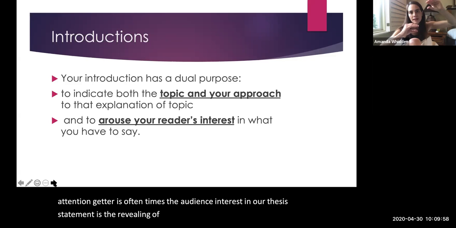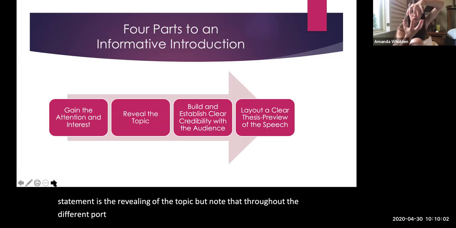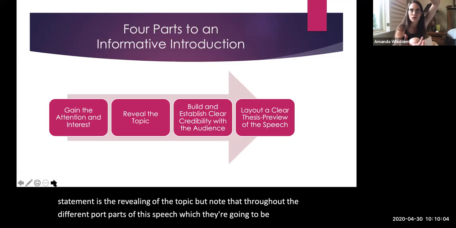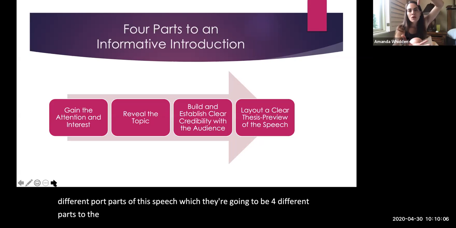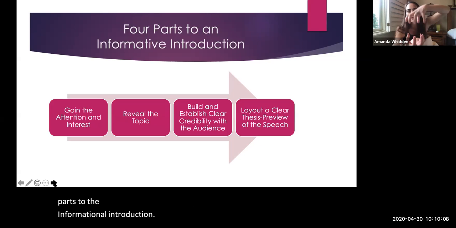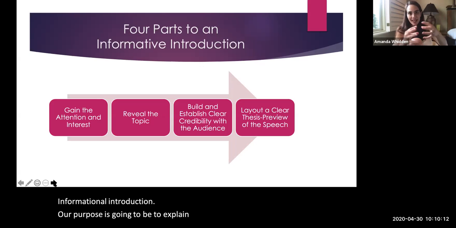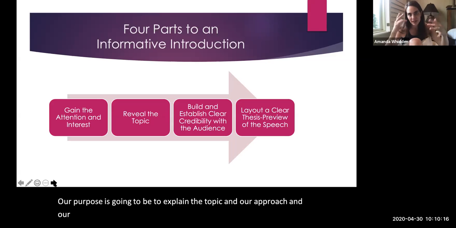But note that throughout the different parts of this speech, which there are going to be 4 different parts to the informational introduction, our purpose is going to be to explain the topic and our approach and generate the interest throughout all of these elements.